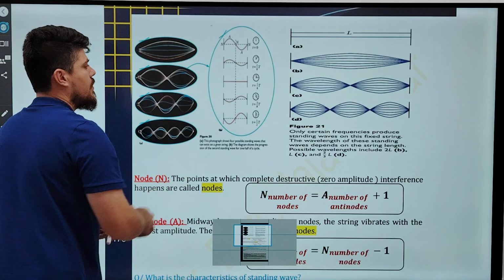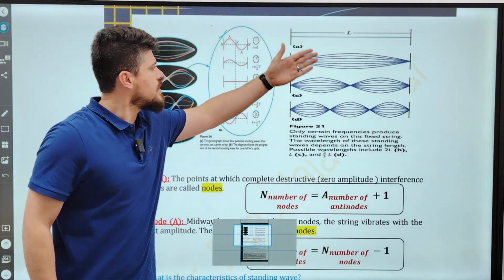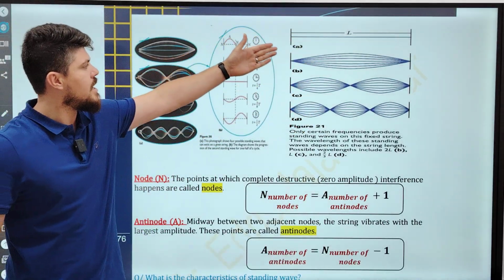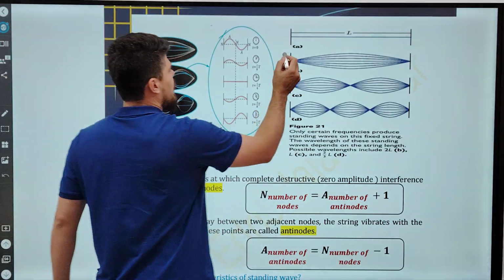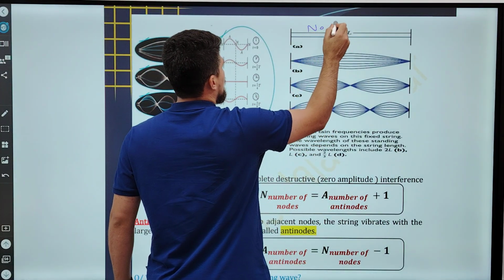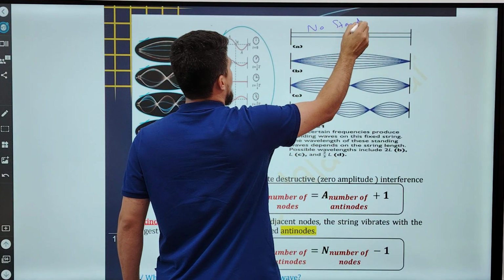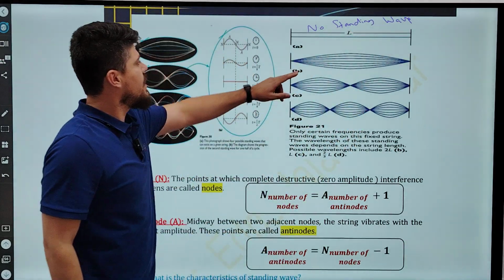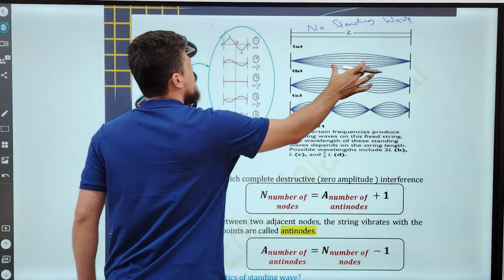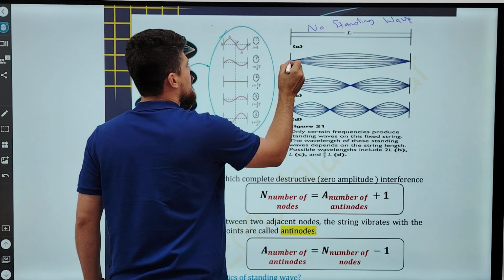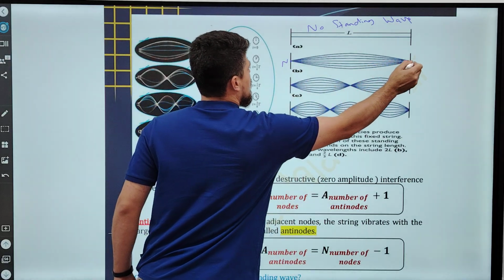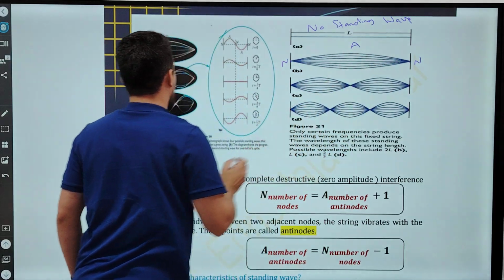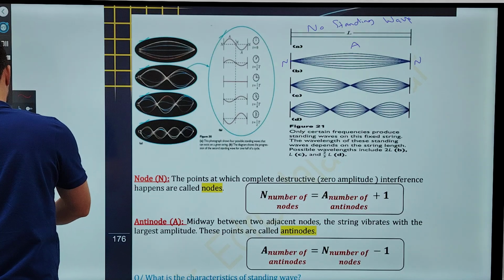Look, we have some certain frequencies produced by the standing wave. Okay? For figure A, there is no standing wave. There is no wave. Okay? Figure B, this is the simplest standing wave. It consists of how many nodes? Two nodes. How many antinodes? One antinode. Okay?